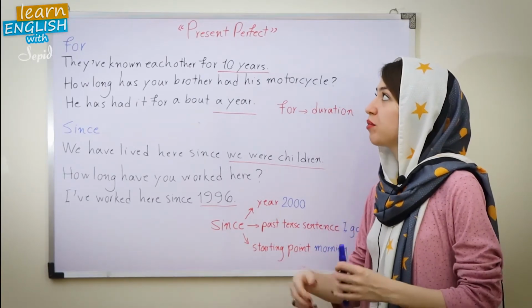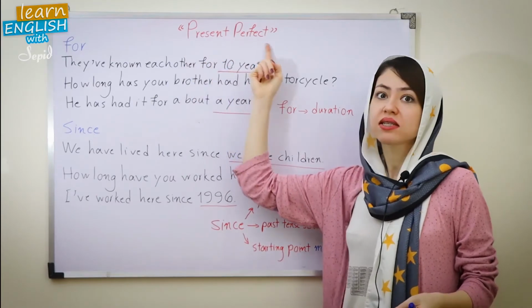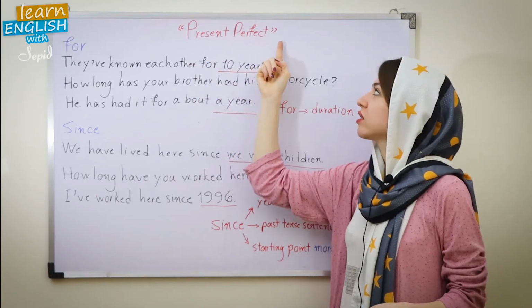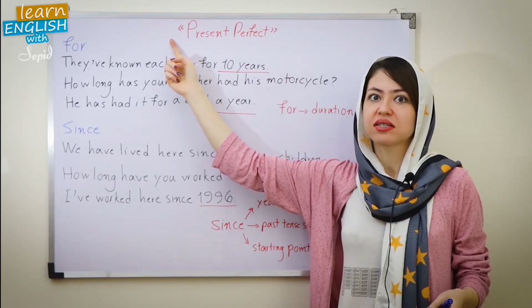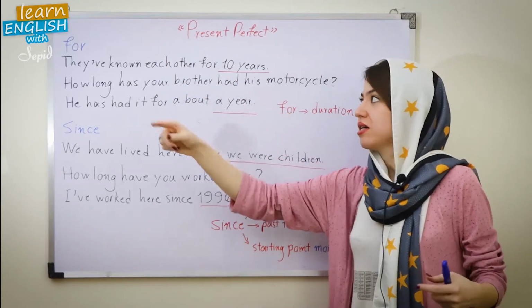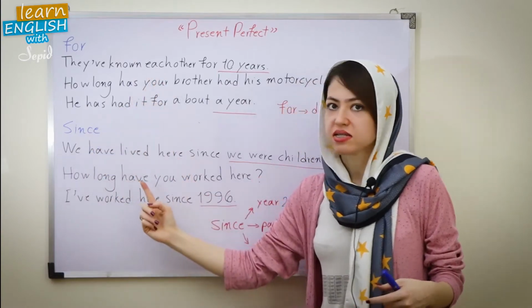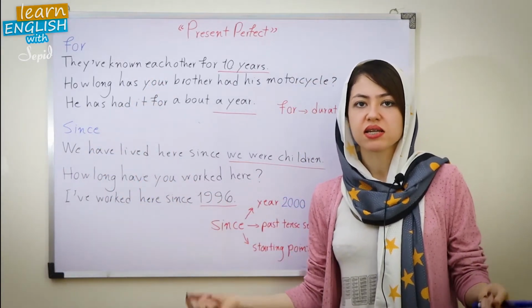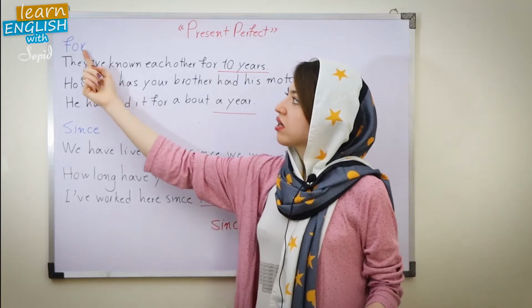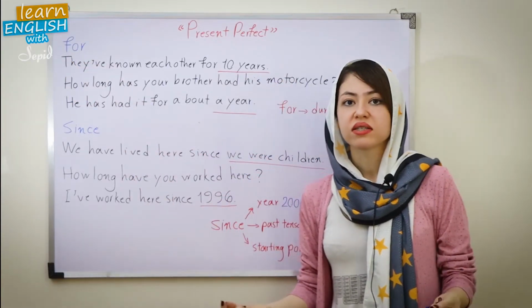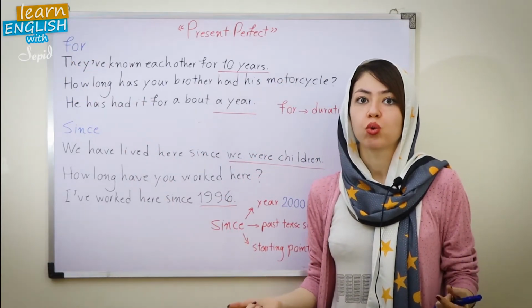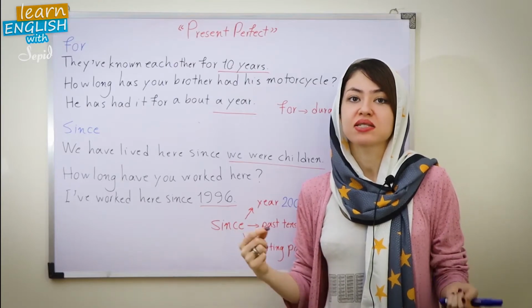So, our grammar part today is about present perfect. We are going to analyze for and since in sentences. Okay, so let's get started. We are going to talk about for. What does for show in a present perfect sentence?